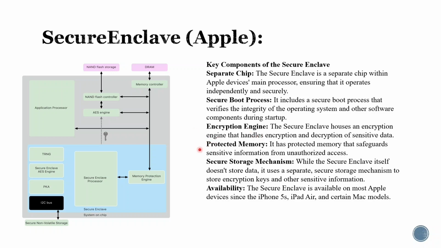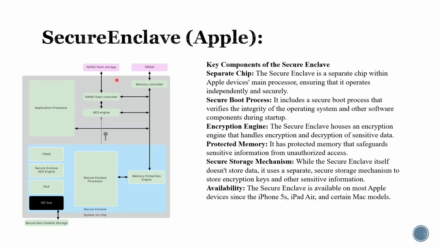It has a protected memory, and it also has secure storage mechanisms that store all the data securely. Basically, this technology is available on iPhone 5s onwards, iPad Air, and certain MacBook models, meaning that this is quite a common kind of technology.